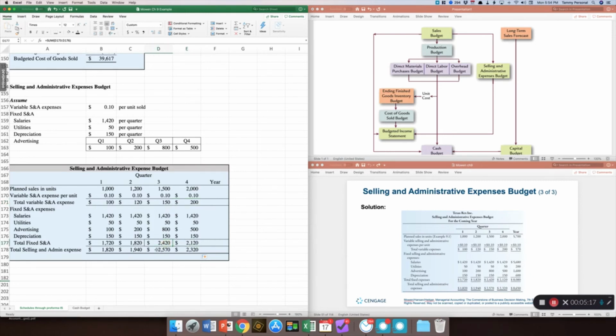But in your normal homework, what you want to do is just make sure that the numbers sort of make sense. Make sure that this is picking up what it's supposed to, that this is picking up what it's supposed to, etc. Okay, so now we can go ahead and add up our totals for the year.